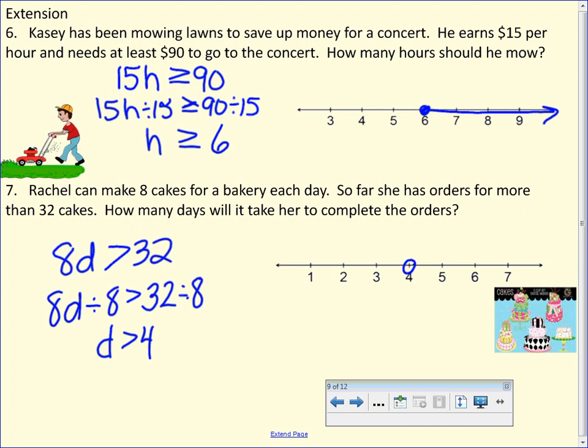So she will need more than 4 days to bake all those cakes. It's an open circle. So she needs more than 4 days. Right? 8 times 4 is 32. She needs more than 32. So she needs more than 4 days.